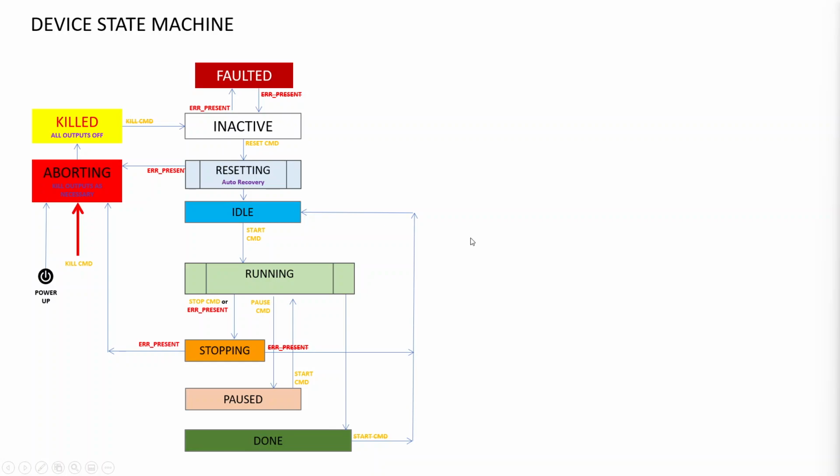Once we're back in idle, we can then successfully get a newly issued start command. If we didn't wait for that start command to drop, we would just slingshot back into running and we would never stop. That's why we wait for that start command to drop. And that's effectively the basis for the state behavior.